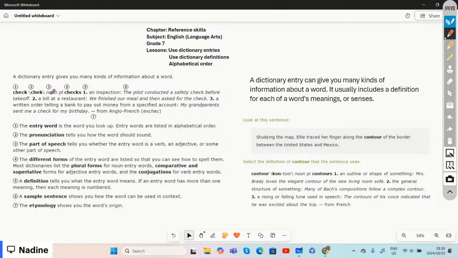And keeping in mind that a dictionary entry is still in alphabetical order, right? It is in alphabetical order.